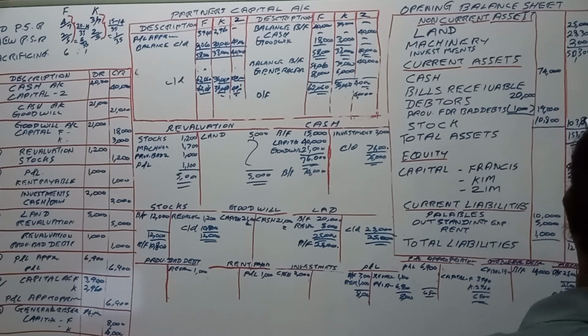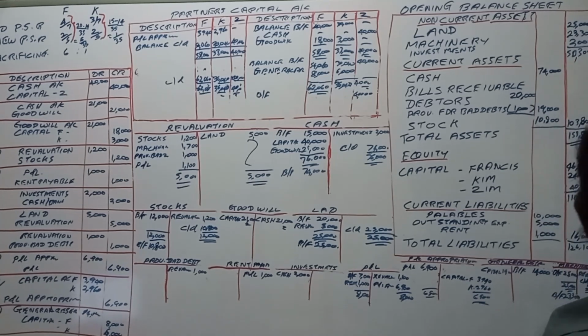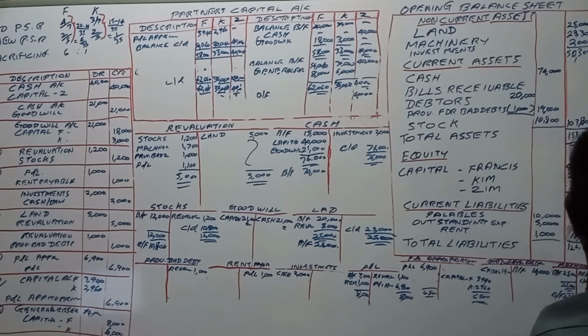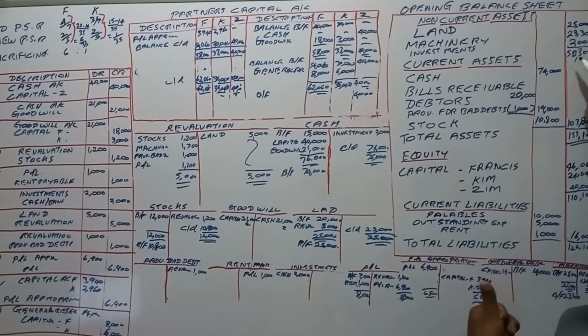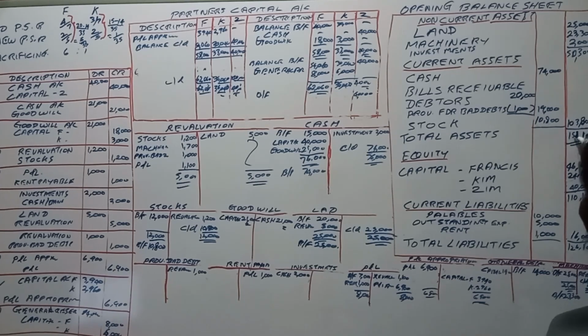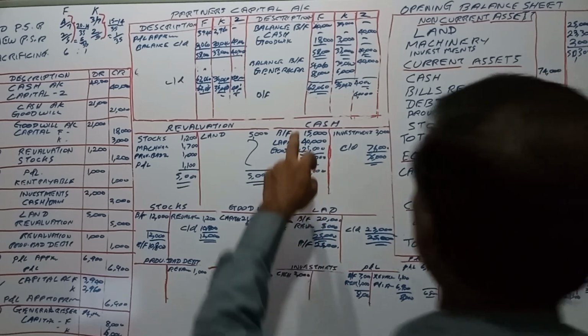This is 800. Then the total is 154,100, right?